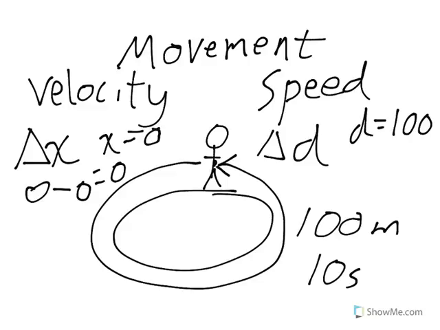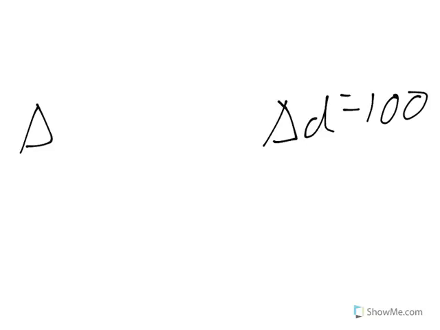His change in distance: he started at d equals 0. At time equals 0, he's just standing at the starting line. He hasn't gone any distance yet. When we finish, he's at d equals 100. So delta d for this guy was 100, which is different than delta x, which is 0.